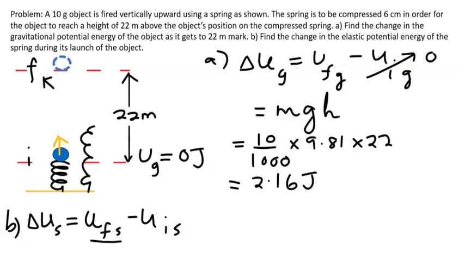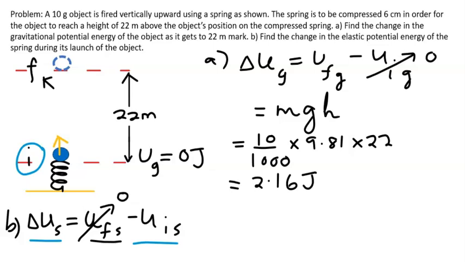So when the spring is completely relaxed, then there is no potential energy. So it is quite simply 0. That means the change in elastic potential energy is minus the potential energy of that spring at the initial state. Initial state is when the spring is compressed.